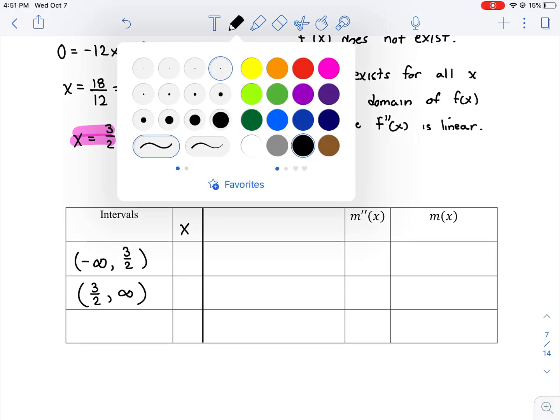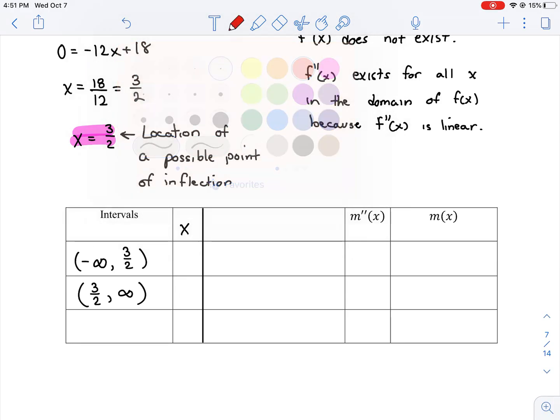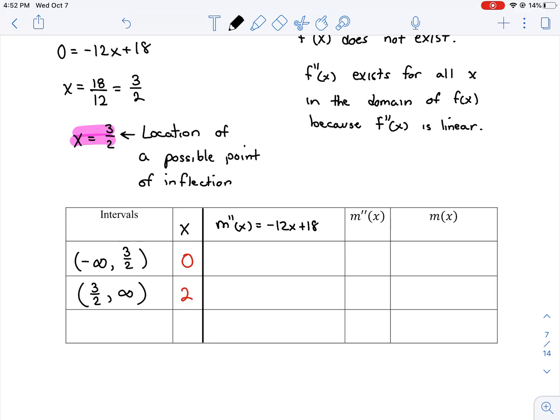Now what I'm going to do is I'm going to pick a random number in each of these intervals. So in the first interval, I'm going to pick 0 because 0 is easy to work with. And in the second interval, I'm going to pick 2. So the second derivative is equal to -12x plus 18.